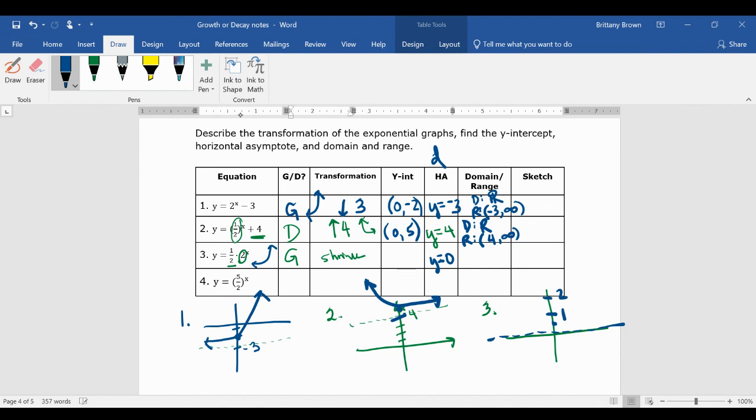And I'll show you another reason why here in a second. So we're doing a growth, and our asymptote is at 0. Our a is 1/2, so we're only going to go up 1/2 a unit from the asymptote this time instead of a whole unit. So your y-intercept will be at 0, and you can just say 0.5 or 1/2. Domain is the same. Range is from 0 to infinity.